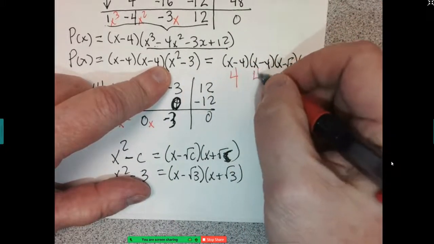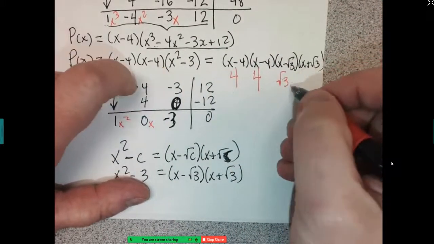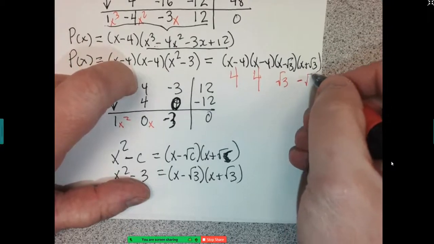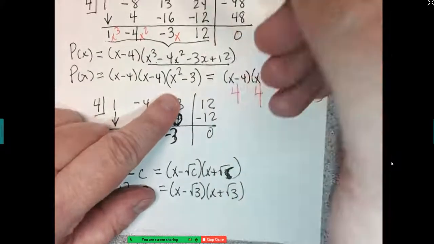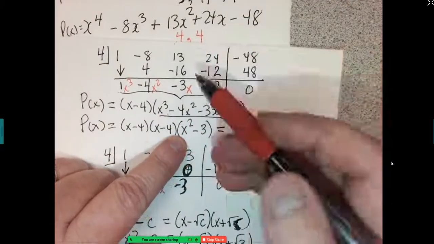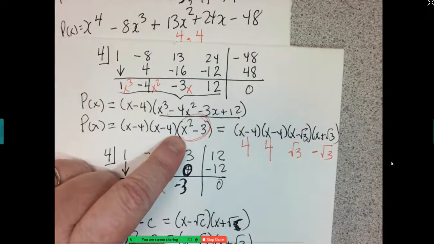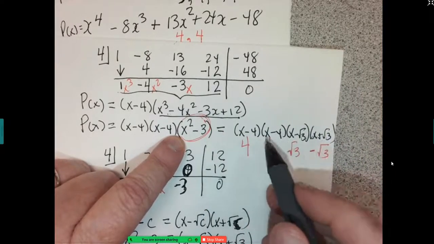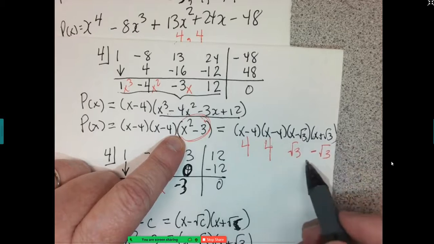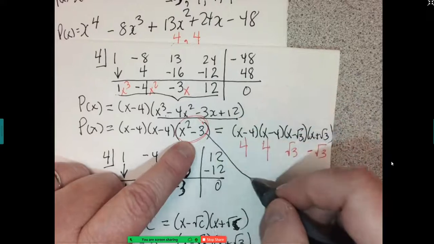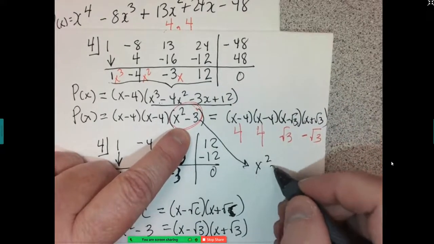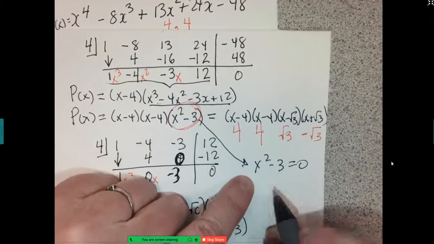When I have it factored like this, I can see what all the zeros are: 4, 4, square root of 3, and the negative of the square root of 3. If you were just going to find the zeros of that factor, you could have just put it equal to 0. This is the kind of thing if you're asked for factorization. It helps when you factor it to see what the zeros are, but you could have also just thought, what will make that equal to 0?